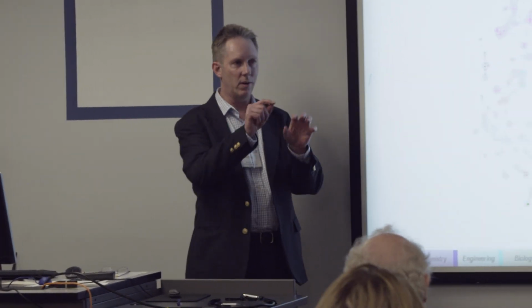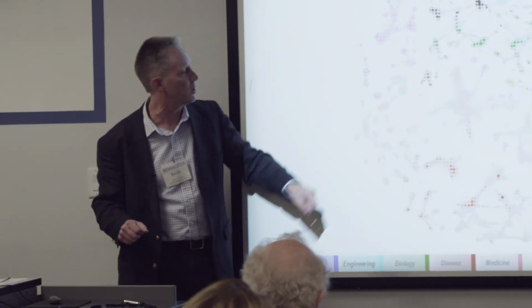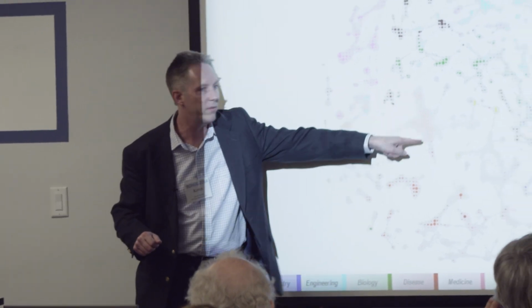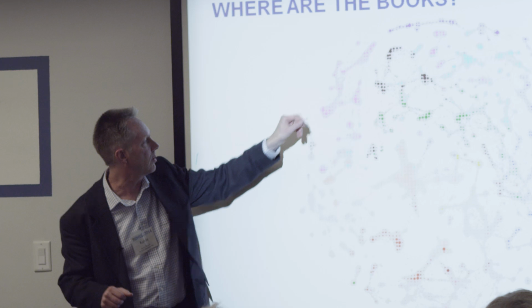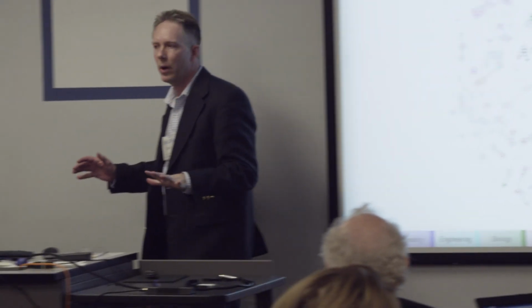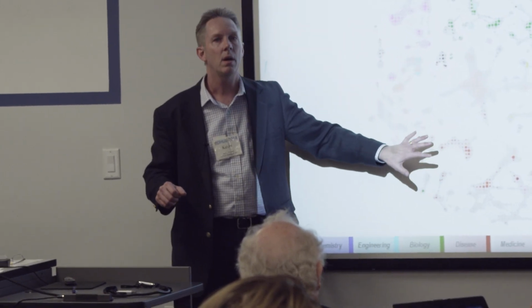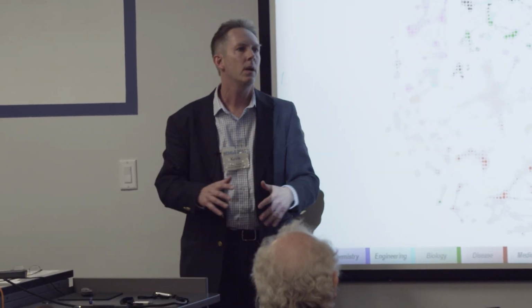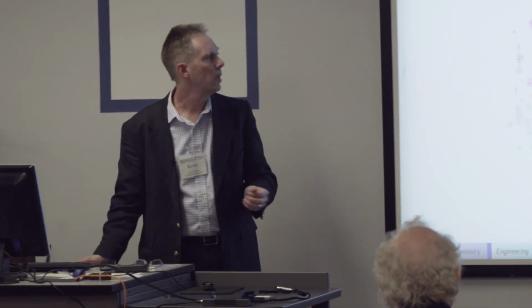I've made sectors, and this is kind of hard to see, but books are very prevalent in the social sciences. They're even prevalent in the computer sciences. There are books everywhere, okay? But they're especially prevalent in the social sciences, in clinical areas such as nursing, health services.